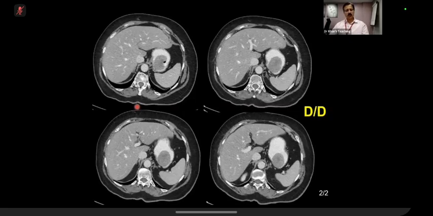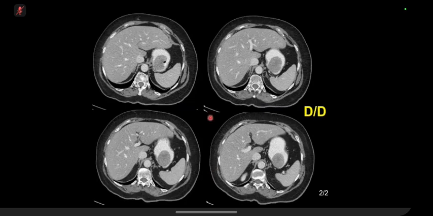So this is the CT scan of that. What is your differential? This is for differential, nothing more than that. So it's a gastric mass. The differentials could be either benign or malignant neoplasms. Perhaps on the malignant side, it could be a polypoid shaped carcinoma or a GIST.